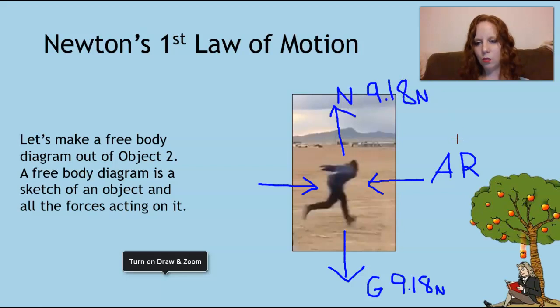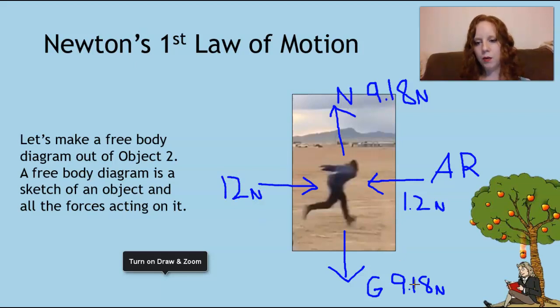Air resistance, we can give some type of random arbitrary number. We'll say the wind is blowing at a lovely 1.2 newtons. And since he is moving in the opposite direction of air resistance, let's say his body is generating a force of, I don't know, we'll just put 12 newtons.